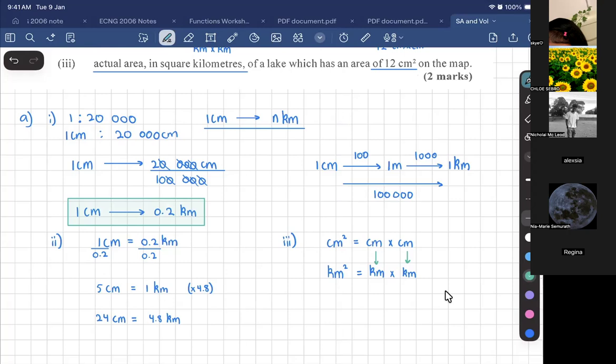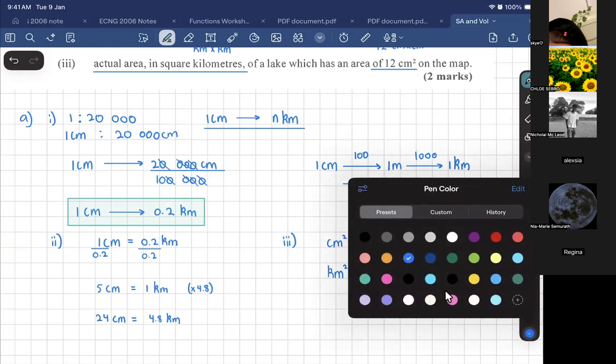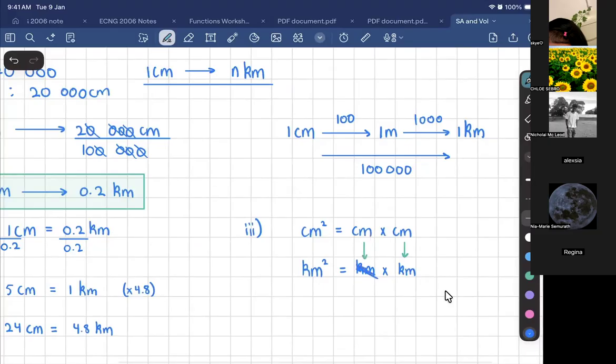Perfect. So 1 centimeter is actually 0.2 kilometers, and we have to convert the other centimeter to that as well.